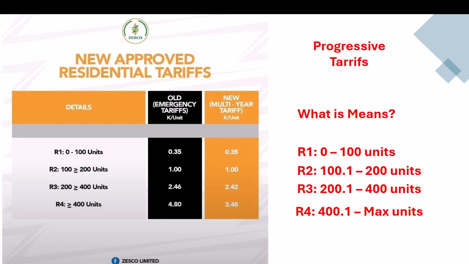Now, if a household consumes more than 400 units, it means the additional units above 400 units cost 3.45 Zambian kwacha per unit.